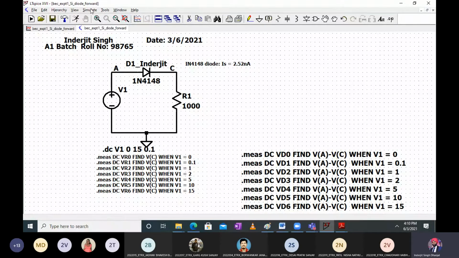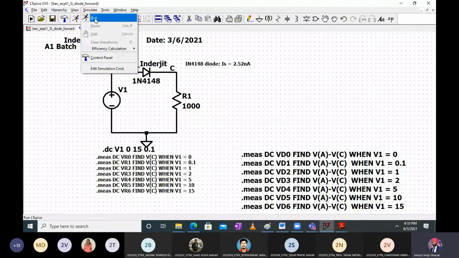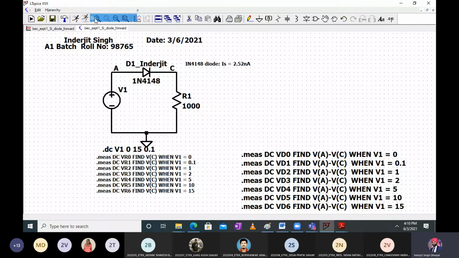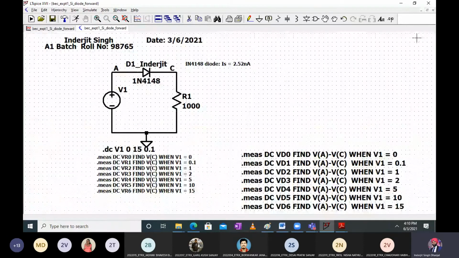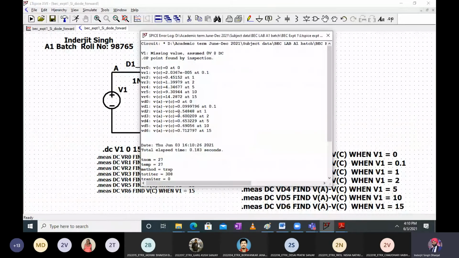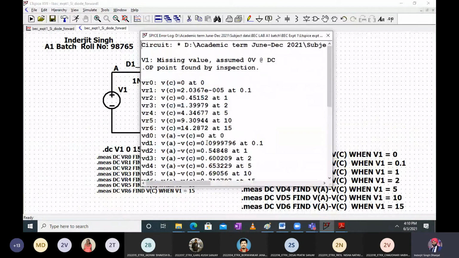Okay, fine. So now you simulate again, click on run. You'll get the same graph, but you have to maximize the screen. Go to view, click on Spice error log. So here you see all the values you got. So these are the diode voltages. ये जो दिख रहा है ना, I think it is visible now to you. VD1, VD0. So ये 0 volt, it's at 0.